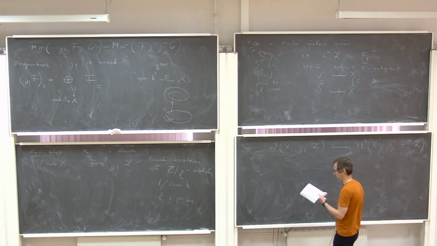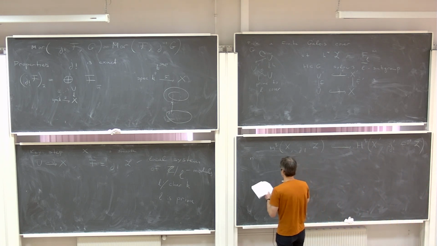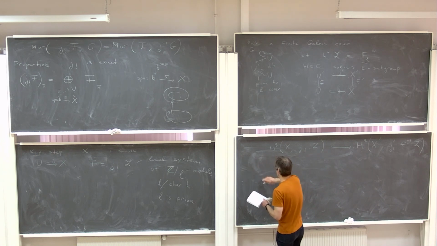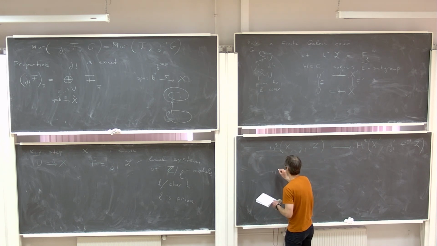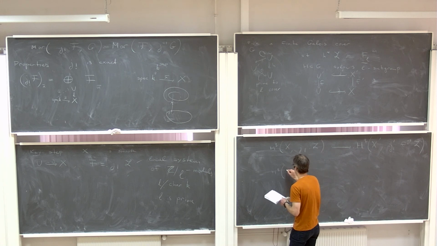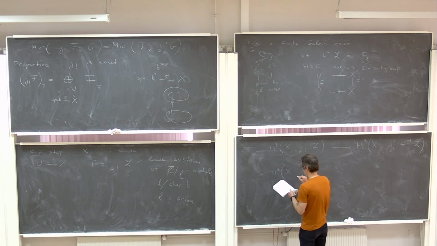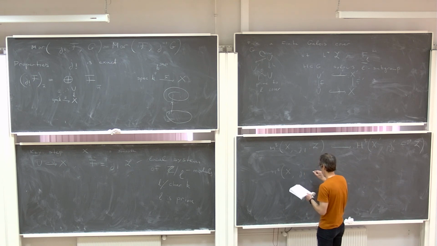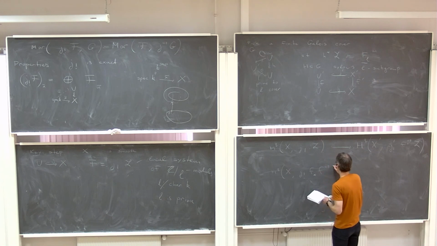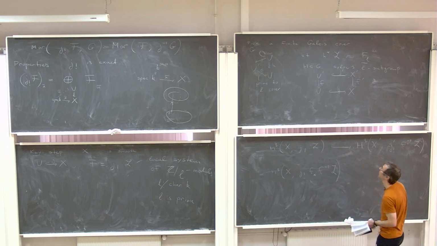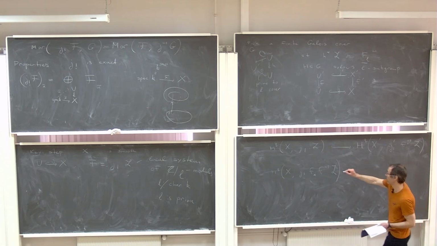And how does it follow? Well, it follows from the existence of the trace map. So you have H^1 of X with coefficients in j_! F_* F^{-1} of L. Right? So there is this trace map.